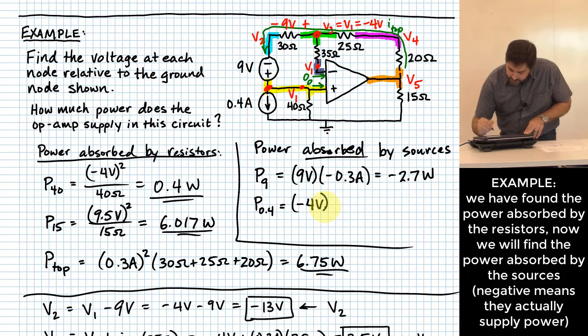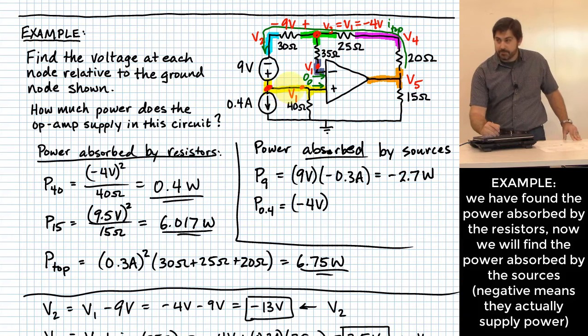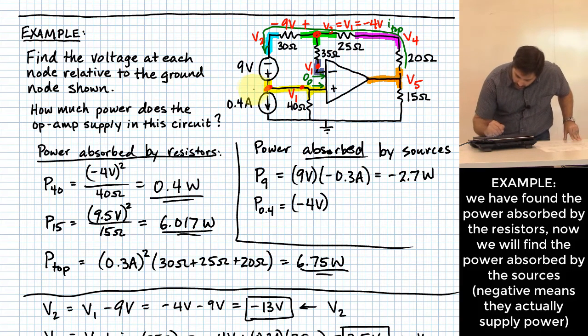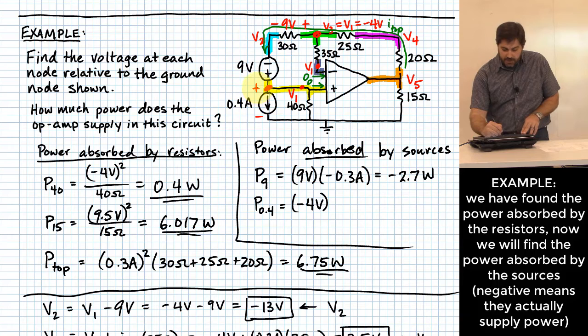Okay? But ignore that you know the value of it for just a second and look at it how it's labeled. Right? V1, the presumption is V1 is a voltage with that polarity. If we have a voltage with that polarity and a current flowing in the direction of the 0.4 amps, is it absorbing power or supplying power?